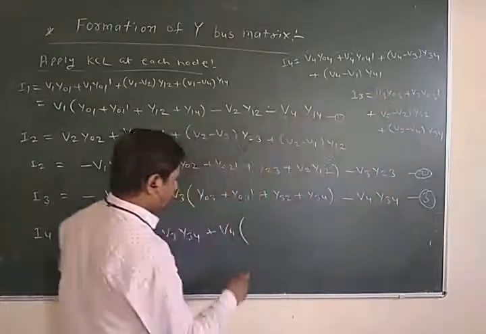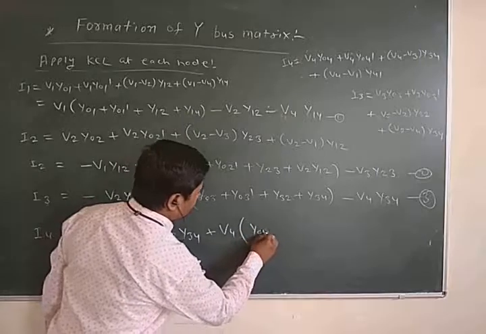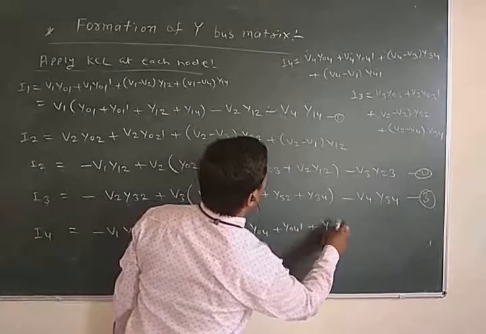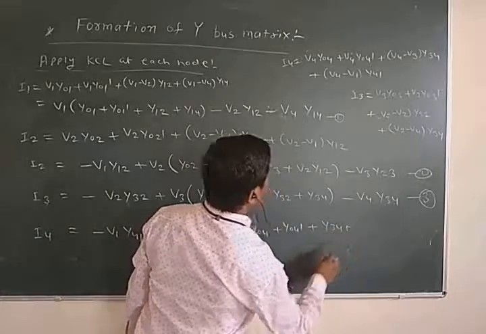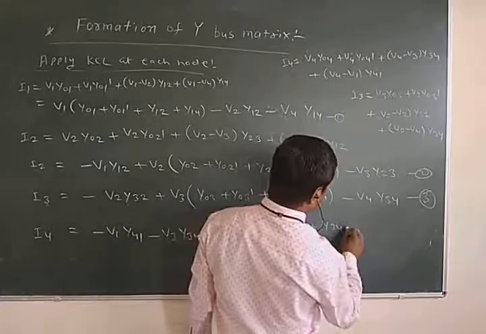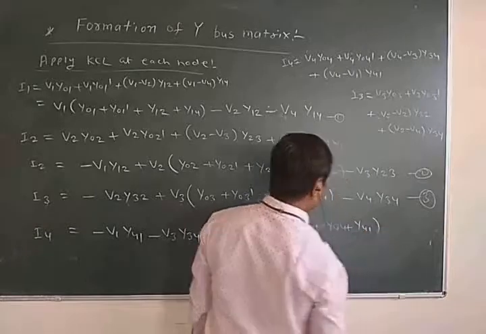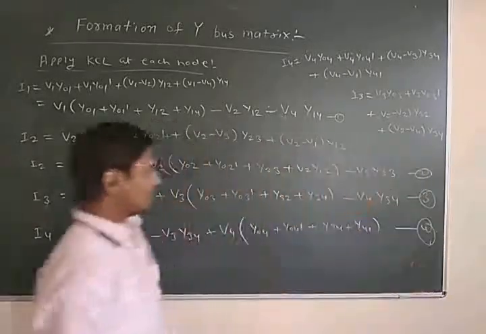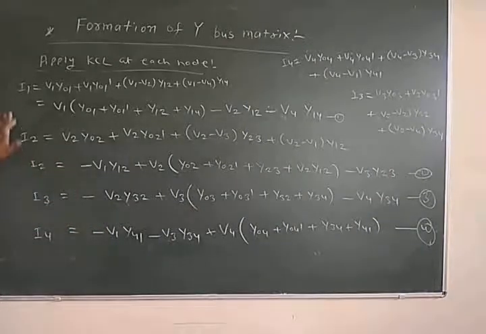So we can write y04 plus y04 dash plus y34 plus y41, equal to y44. So these are the 4 KCL equations at bus number 1, bus number 2, bus number 3 and bus number 4.